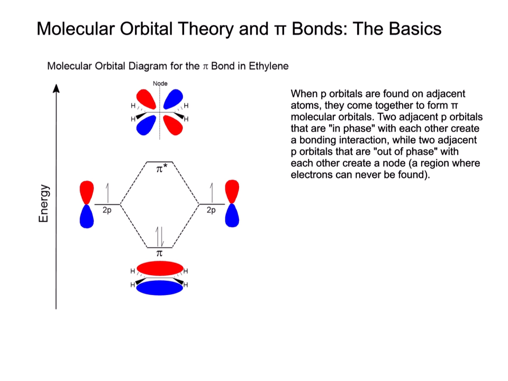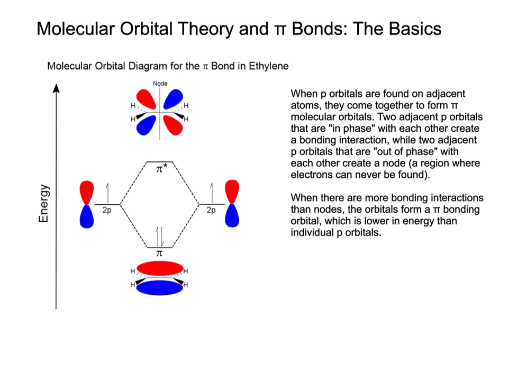When they're in phase with each other, we create what's called a bonding interaction, where the electrons can take up any space between those two p orbitals. When two adjacent p orbitals are out of phase with each other, we create a node, or a region where the electrons can never be found.